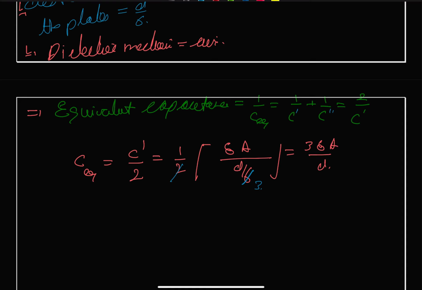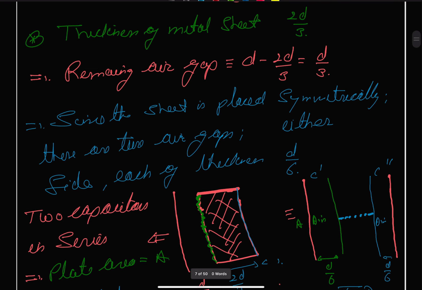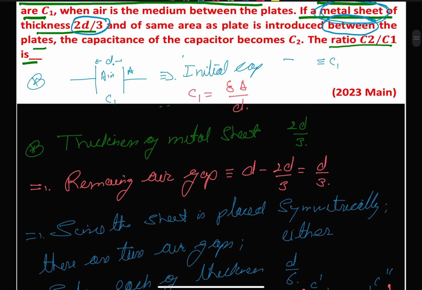Under this modification, the capacitance, which is our C equivalent, is called C2, so this is the value of C2, and C1 we already found out. We just need to find the ratio C2 by C1.